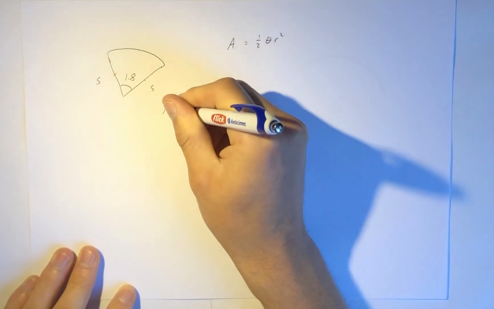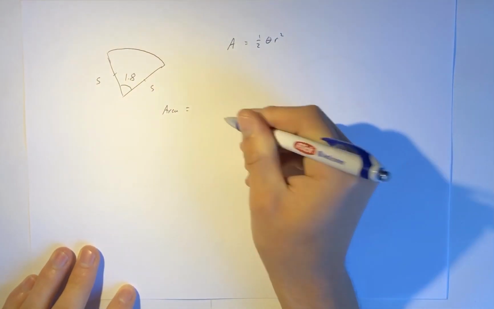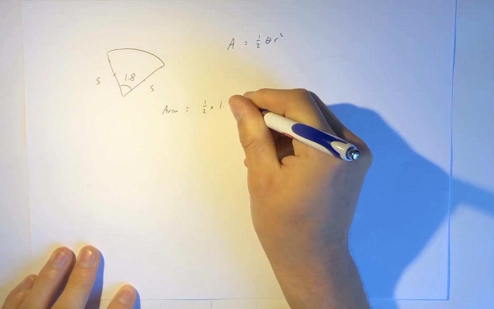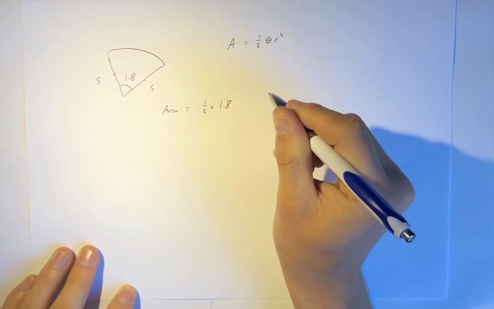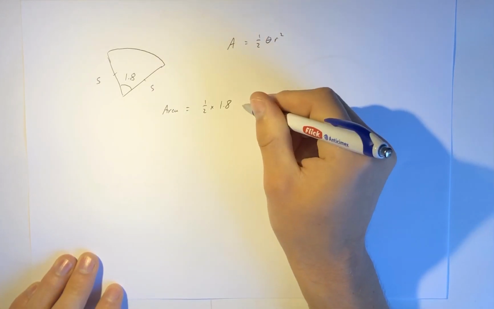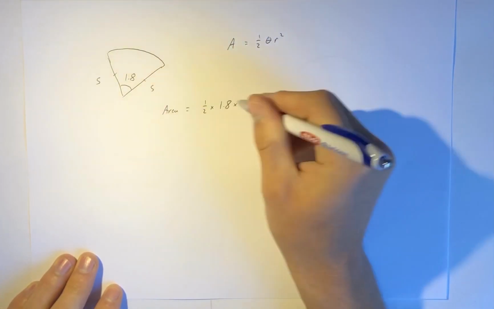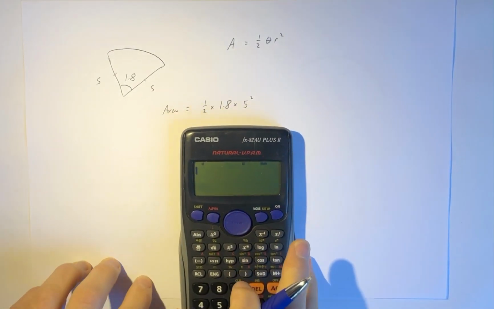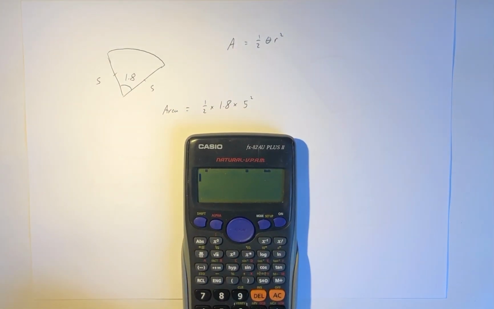So the area of this is a half times the angle in radians. We have 1.8 radians. And we times that by 5 squared. So on our calculator, that's going to look like 0.5 times 1.8 times 5 squared.